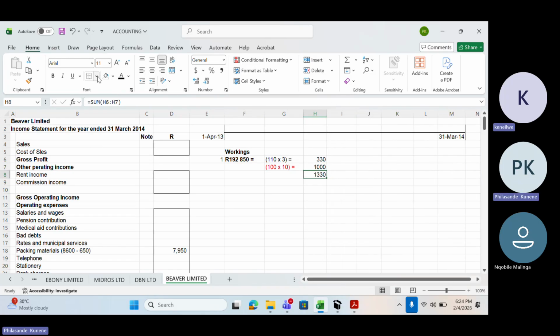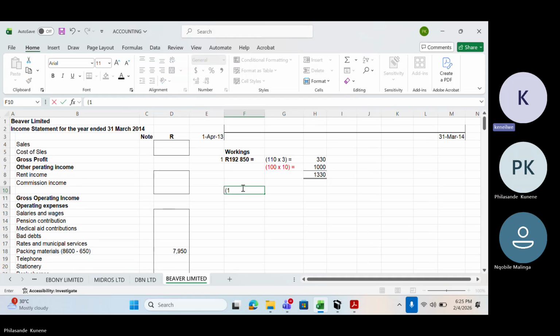You're going to multiply 192,850 times 110 over 1,330. 1,078, right? And then you get the rent for April.